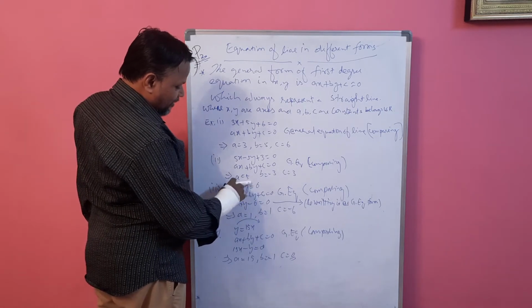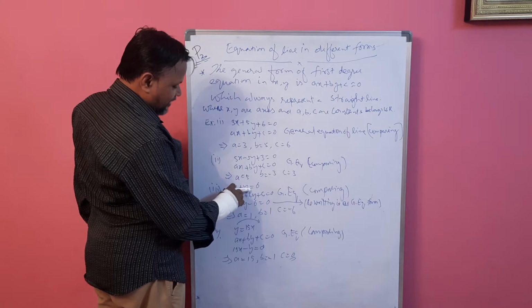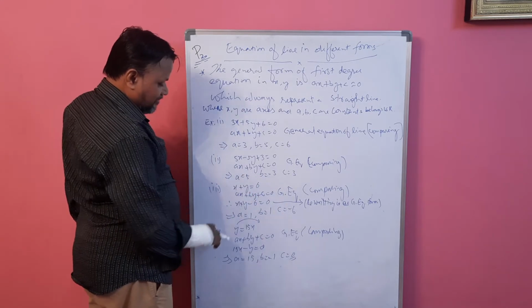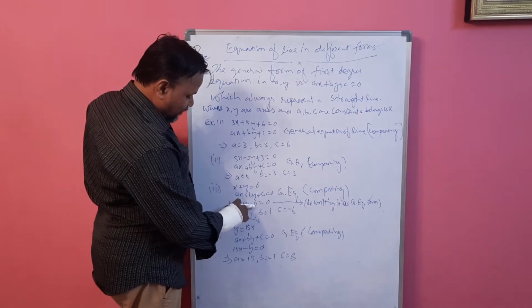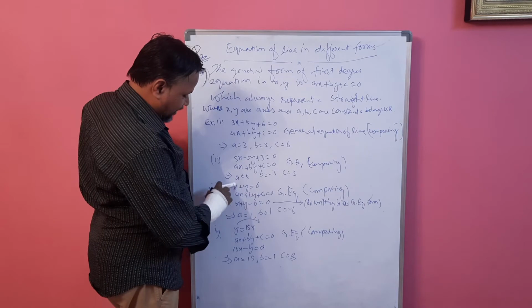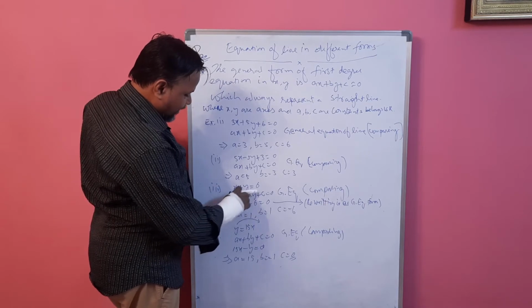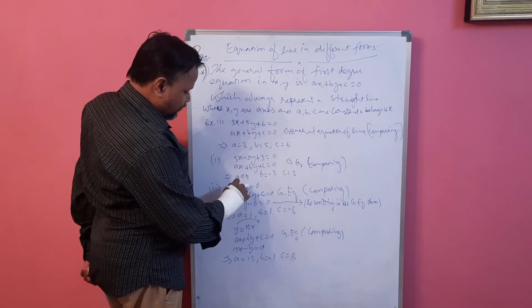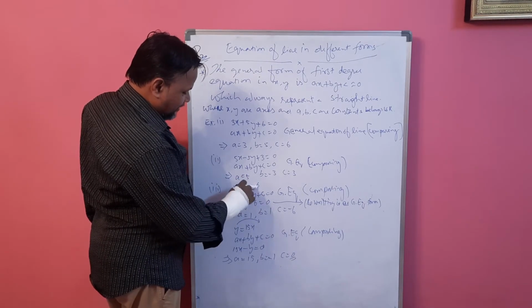Here we don't have a constant on the left side, we have it on the right side. So moving it, we get x plus y minus 6 equal to 0. When a right side number comes to the left side, the sign will be changed.